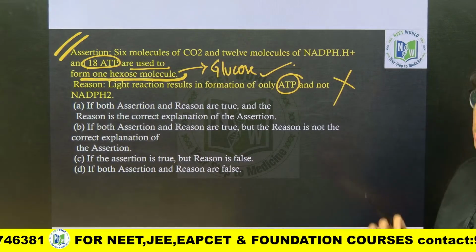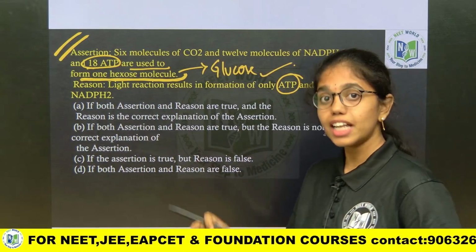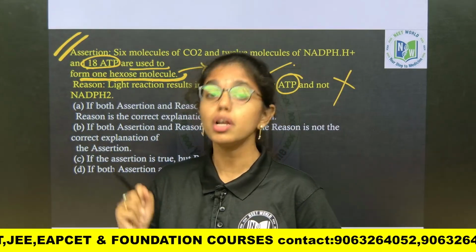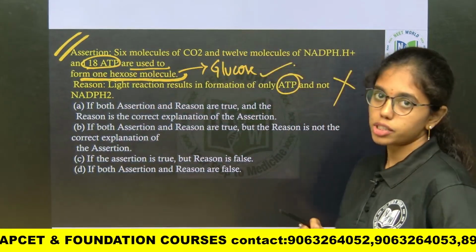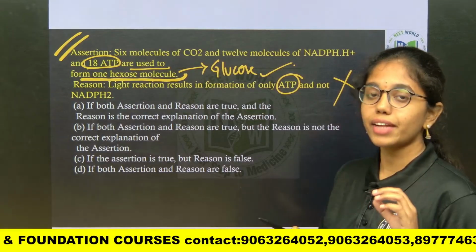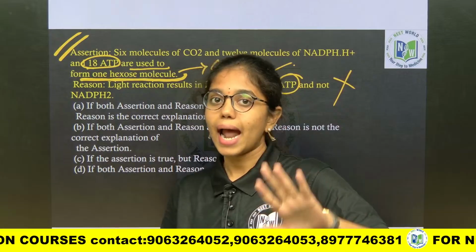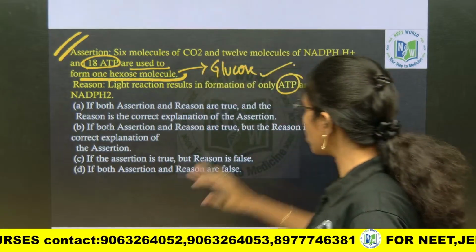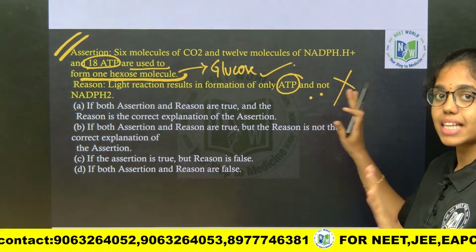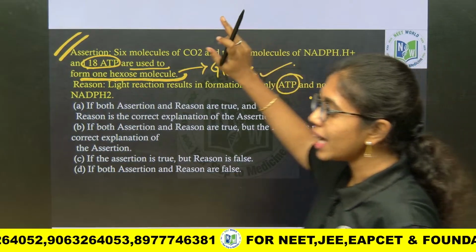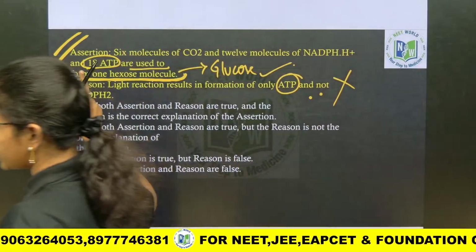Wrong, because in non-cyclic photophosphorylation, at the end of the Z scheme, what is formed? NADPH is formed. So at the end of the light reaction, in assimilatory power, both ATP and NADPH are formed. So this will not go as a correct statement. Here the correct statement will be the assertion, not the reason.